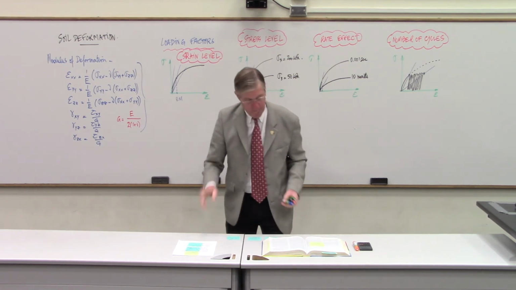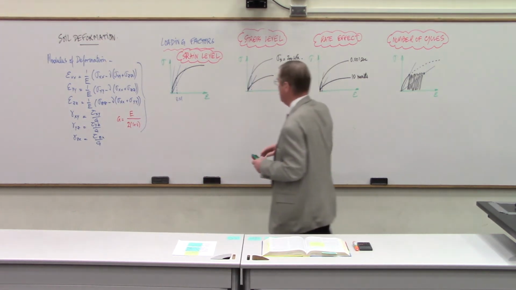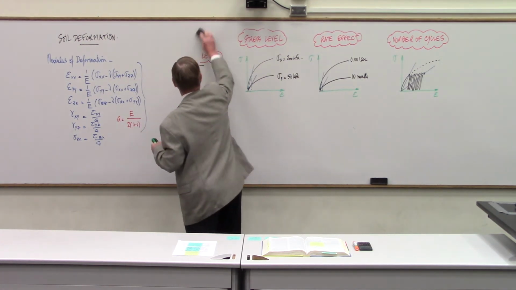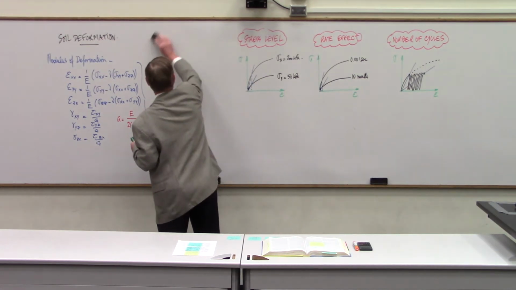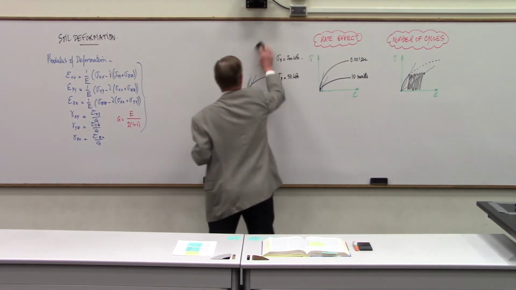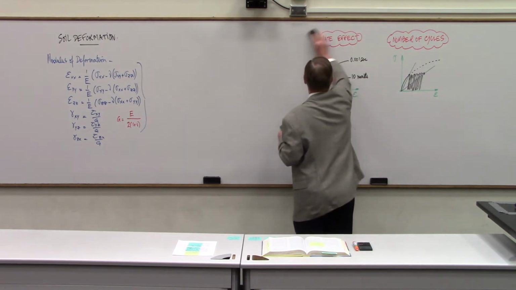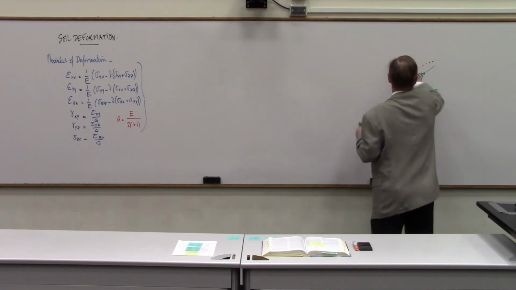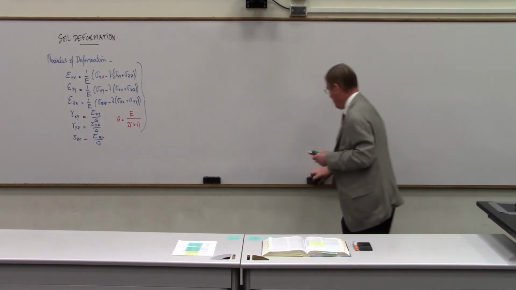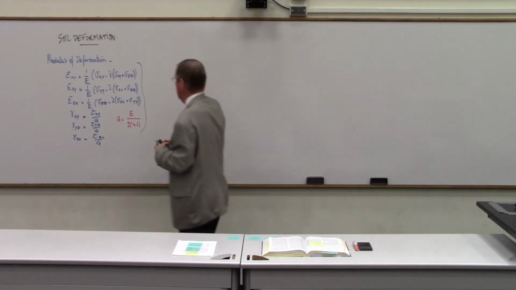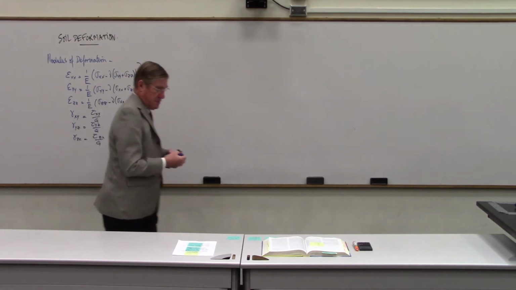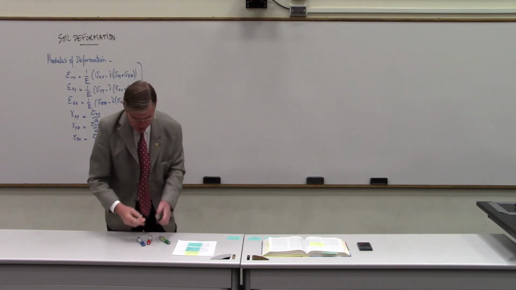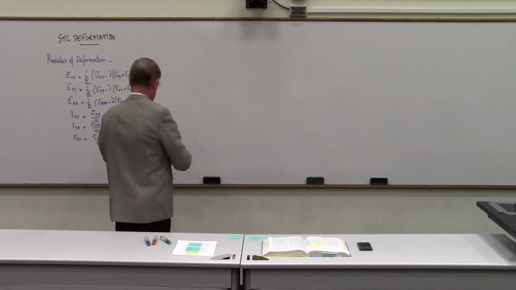I wanted to go back, and maybe I should have started with this, but let's go back to these equations and practice a little bit through an example. Practice how to calculate modulus when you get a test result. So let's say that we have a soil sample, and we're going to test that sample in the following way.